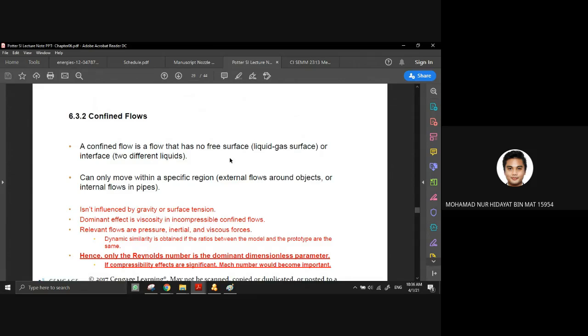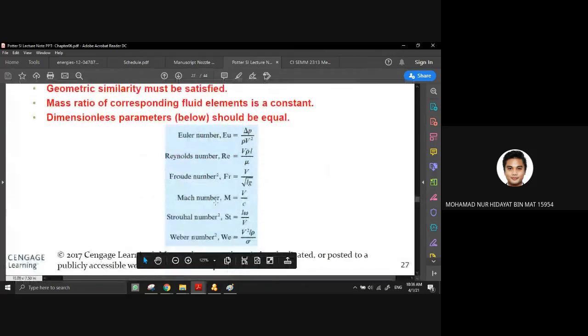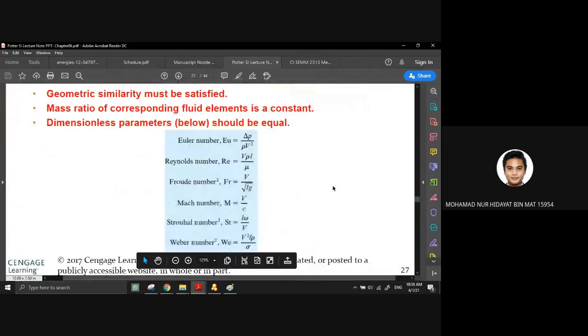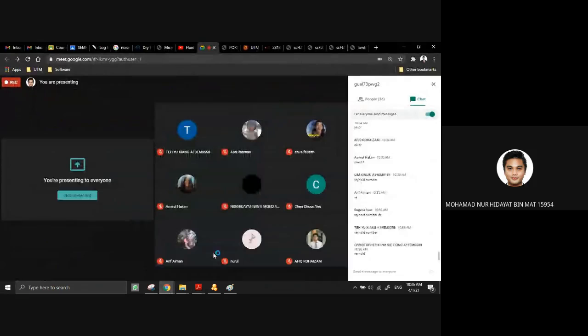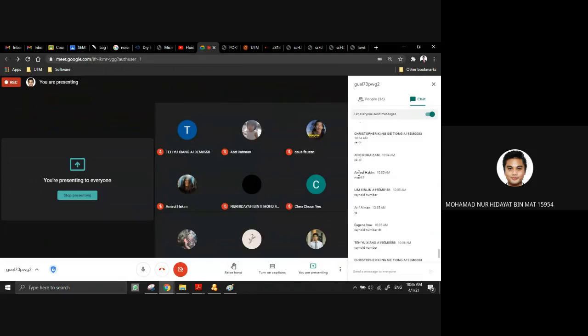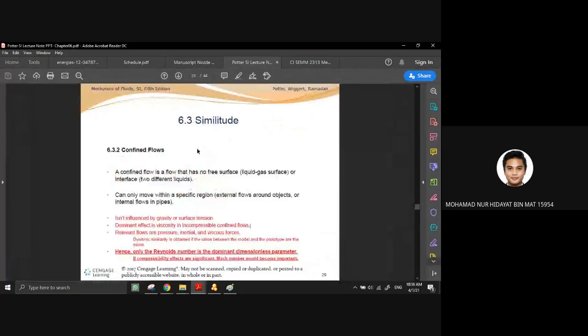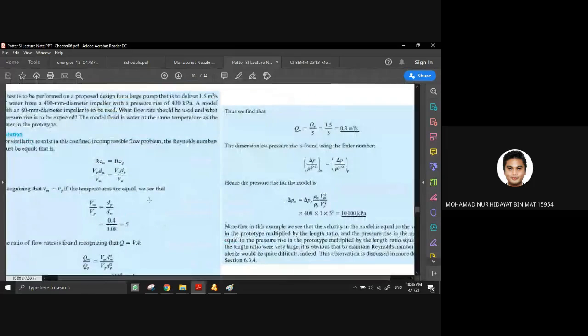So what's the parameter here involving viscosity? Please look at the viscosity term. Correct. Reynolds number, not the Mach number. The Mach number relates to the speed of sound. So when the question is about confined flow, you must equate the Reynolds number. Very simple.